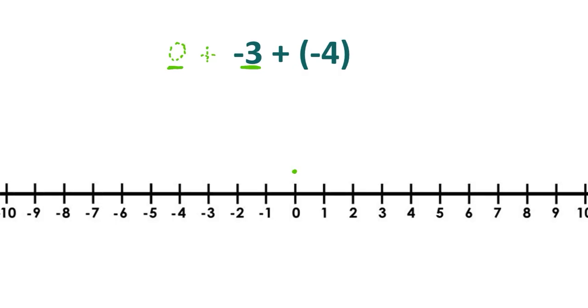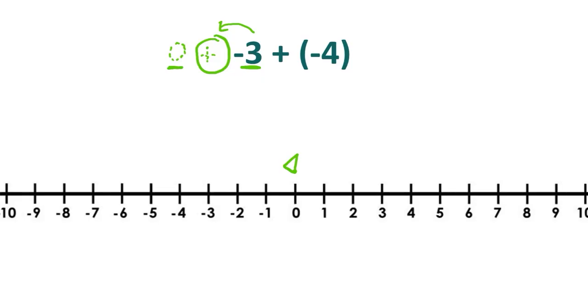So let's break it down. We are standing at 0. The next integer is negative. That means I am facing the negative side. I know that I'm going to move 3 units, 3 steps, but I don't know if it's forwards or backwards. So I look at my operation sign right in front of my integer.